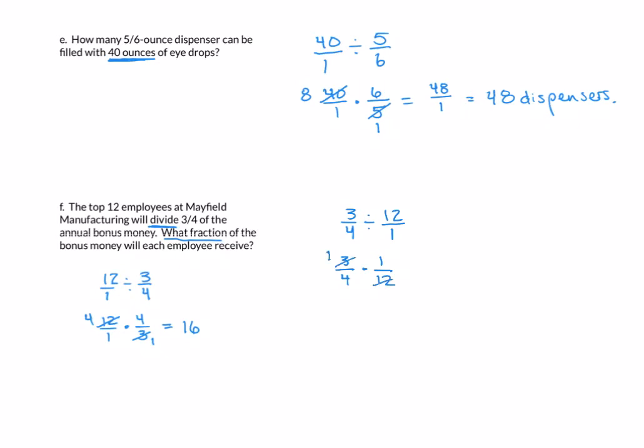We can cancel. 3 and 12 are both divisible by 3. We get 1 and 4. And we get each employee will receive 1/16 of the bonus. That answer makes sense in the context of the problem.